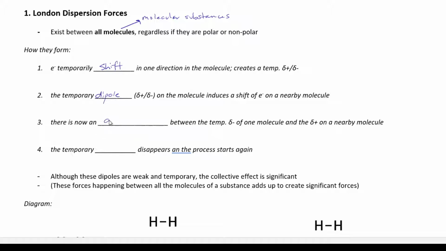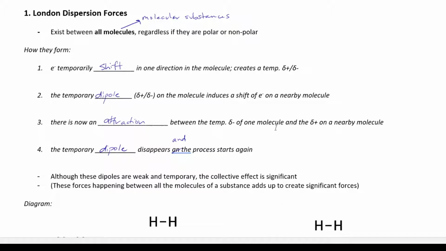Now there is an attraction force between the temporary delta negative of one molecule and the delta positive on a nearby molecule. And then that temporary dipole will disappear and the process starts again.